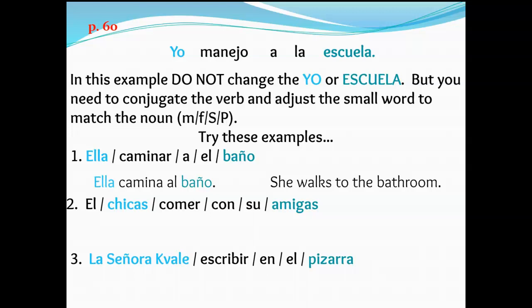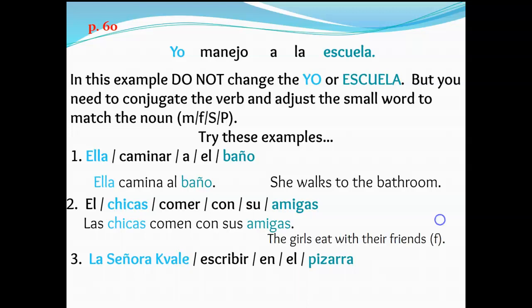Su has to match amigas, and it doesn't because amigas is plural, so you should change that to sus. So your new sentence without the slashes, las chicas comen con sus amigas. And again, if you have to translate that, that means the girls eat with their friends who are female.